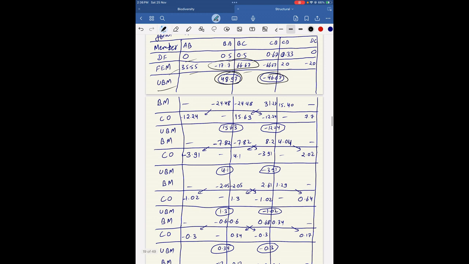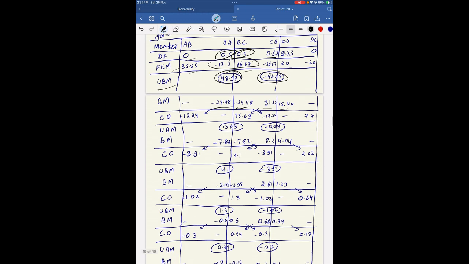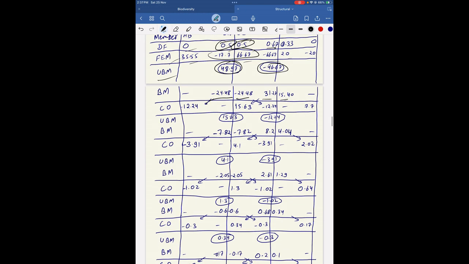And then we apply the balancing moment according to the distribution factor of both members at each joint. Then at joint B, BA comes out to be 24.48, and here the distribution factors are 0.67 and 0.33, so it is distributed through that. Then we carry over half of this moment to this side, and half of the moment to the opposite member.